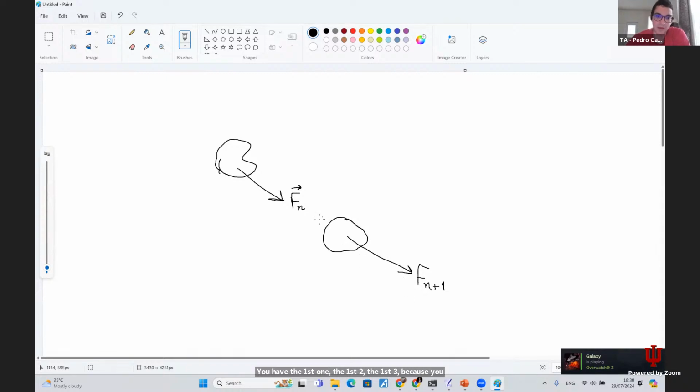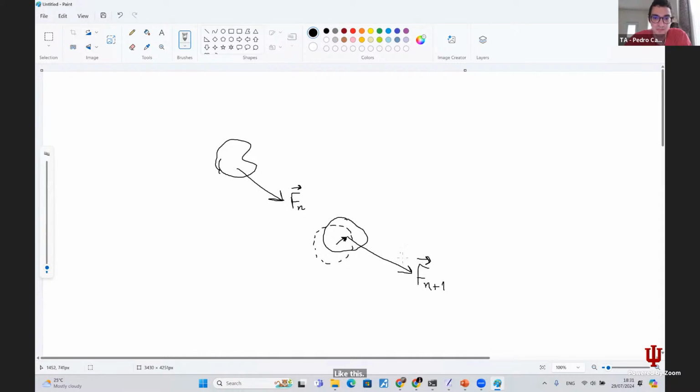So at time n you have a certain force, and then at time n plus 1 you have another force. That's basically what the notation is saying. And because in the middle of this the cell also displaced a little bit, let's say it was a little bit down here and it got displaced like this, then I take this contribution and update the force. So now the force should actually be tilted a little bit in this direction.